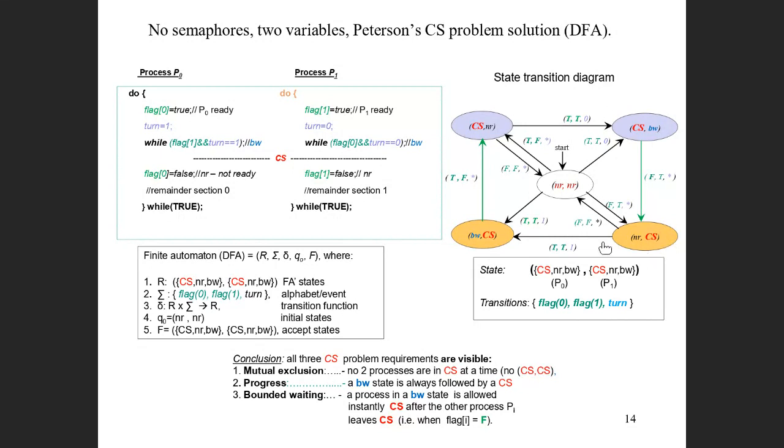And we have all possible interconnections between those states, which means if process 0 is in the critical section, there is a way through the arrows to reach the state in which P1 is in the critical section.